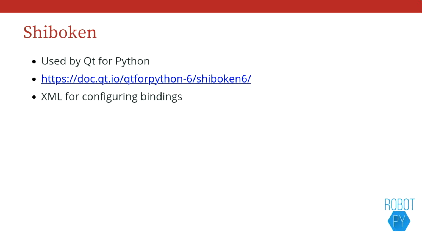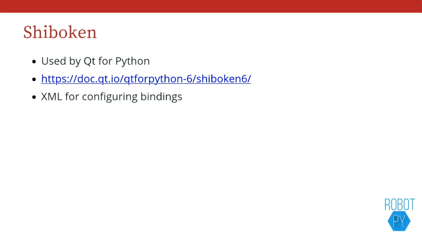One of the other popular open source projects is Shiboken, which is one of the underlying libraries used by Qt for Python. Or if you've been around for a while and have been using Qt, you might know it as PySide.